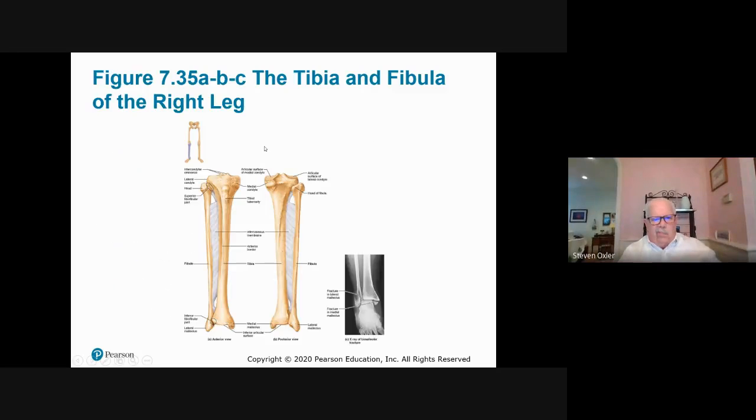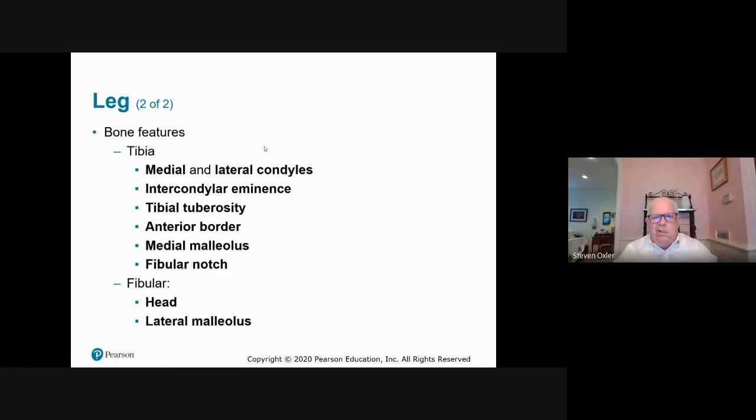There are a few words that I do want you to know about the tibia and the fibula. Since the tibia is the medial bone of the leg, at the ankle, it forms the medial malleolus.